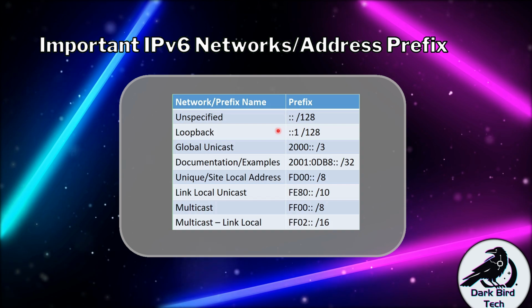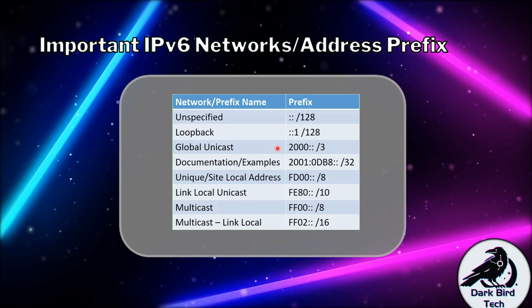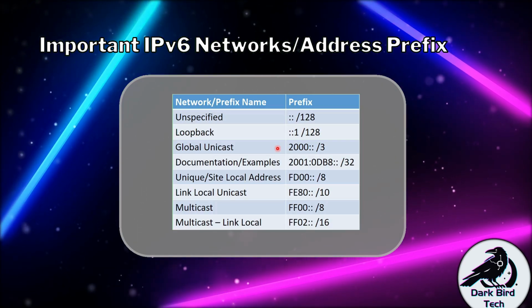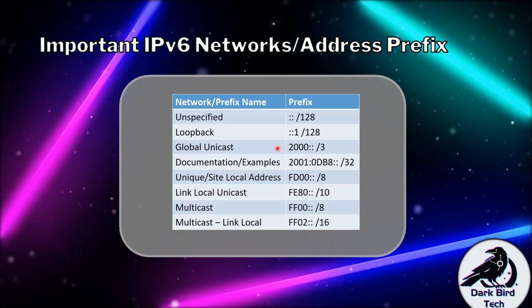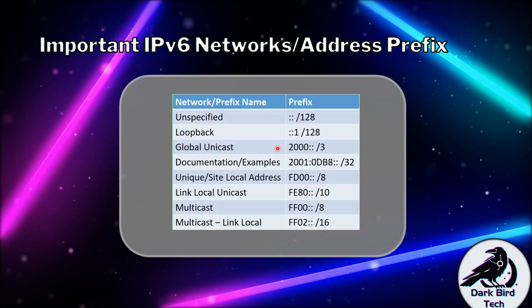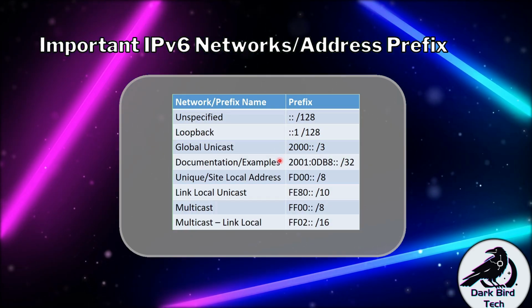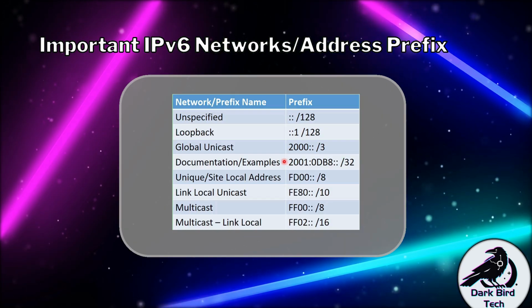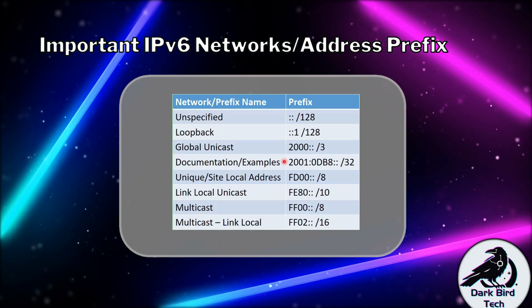Then, the next address of interest to you is the 2000 series of addresses, which is called the Global Unicast Range. This is the IP version 6 equivalent of public or internet routable addresses. With the exception of the 2001:0DB8 network. That one was reserved for documentation and examples, so that we can demonstrate stuff safely without messing with the internet.